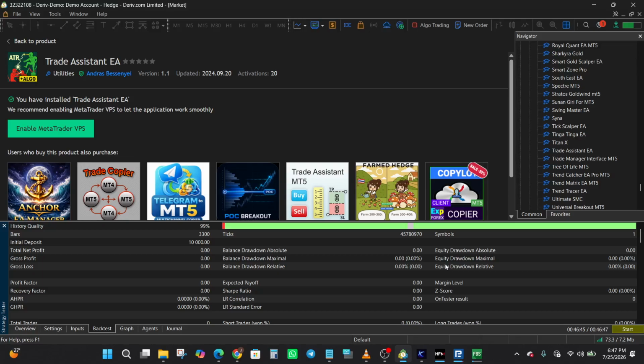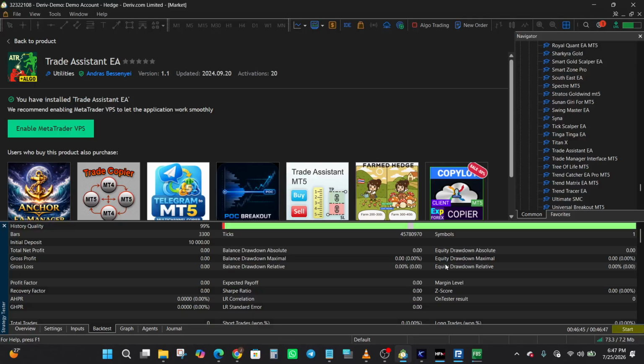So if you are interested in this EA and you want to make use of it, you should actually consider having manual inputs, all right, and not just running the EA on fully automated mode.